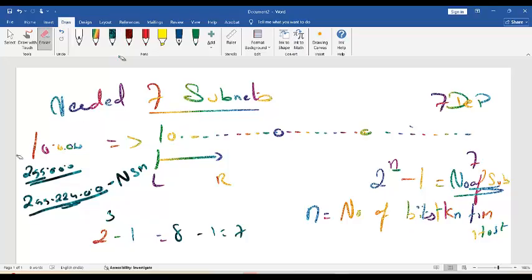When you say class A, the entire first octet is network, we all know. That's why it is 255. Because we want 7 subnets, we took 3 bits from here, and the total face value of those 3 bits will be only 224.